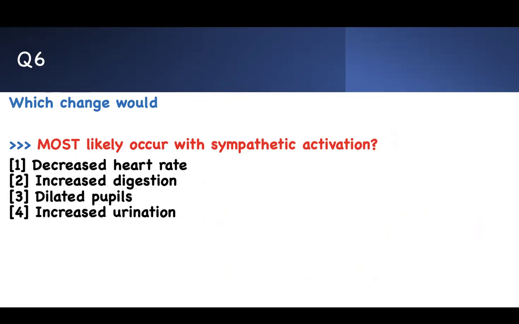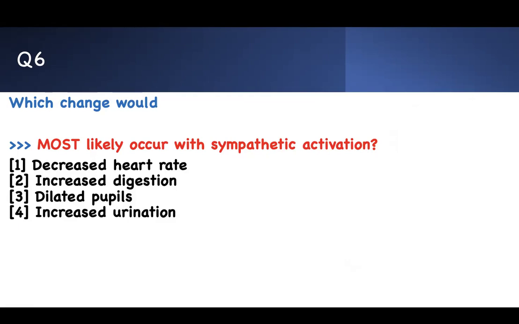Like I said, this is rapid fire. Pay attention. Sympathetic, fight and flight. That means things are going up. Which of these shows things are going up? Decrease heart rate, you're more relaxed. Increase digestion, you're more relaxed. Even though they say increase, you relax when you're having digestion. You don't like jump around when you're eating.